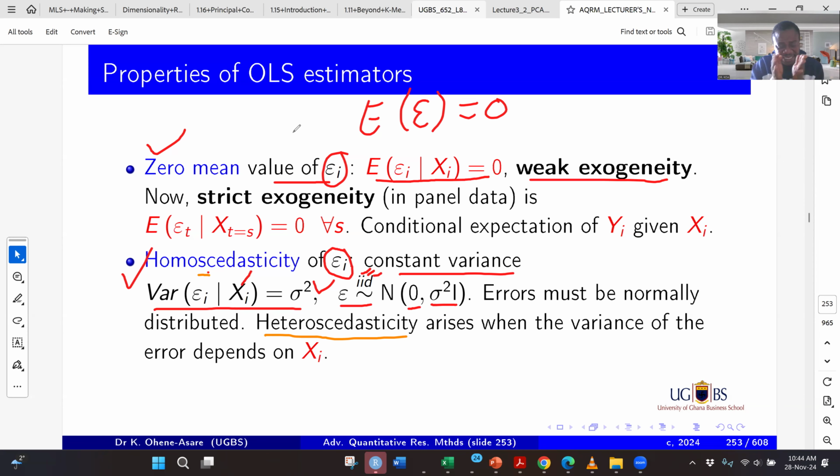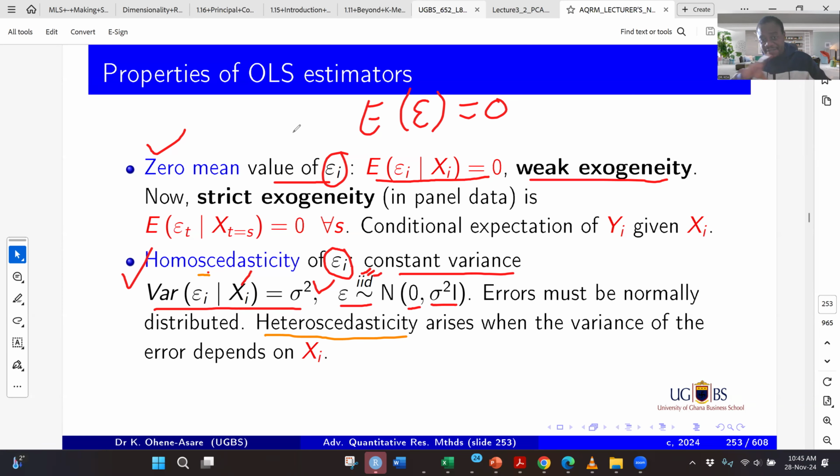When I plot the errors, and you will see this later, there mustn't be a pattern. There must not be a certain pattern where you can see that they are moving in this pattern.